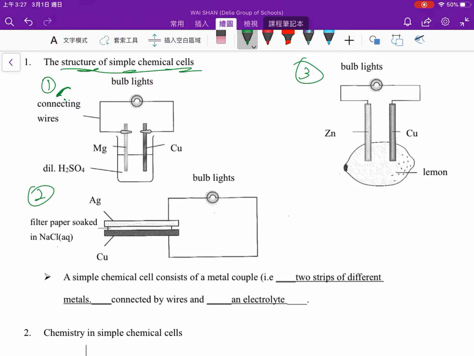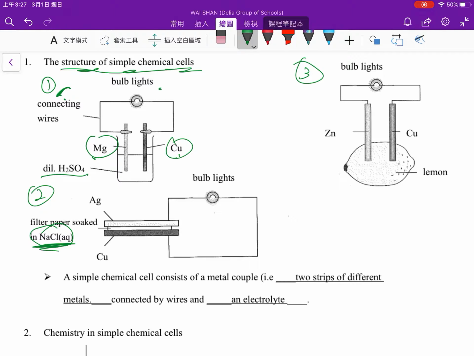So this one, the first one, with a light bulb and then 2 metals, copper and magnesium, and electrolytes. And then for the second one, also an electrolyte. The electrolyte means some aqueous solution which can conduct electricity.